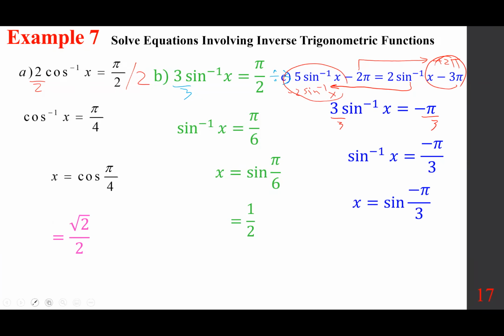And I'm sure you know sine is an odd function. So minus sine of pi over 3, and sine of pi over 3 is the square root of 3 over 2. You put the negative sign in front, and that's the final answer.